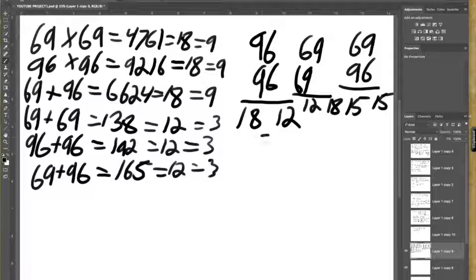Okay, 18 and 12 is 30. 12 and 18 is 30. And 15 and 15 is 30. Every which way you go, you get a 333 from 69.